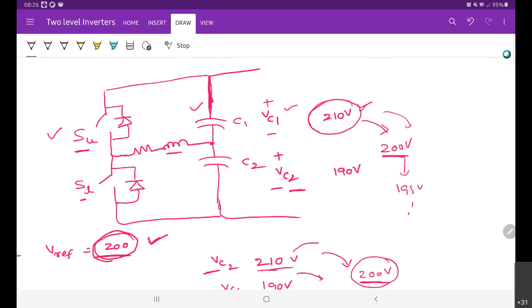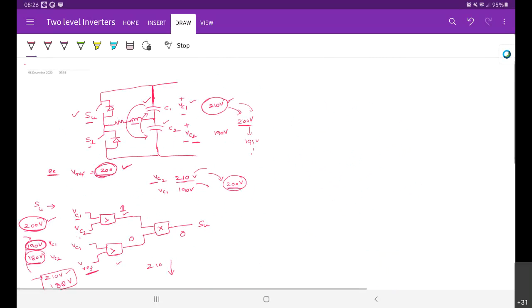So when the upper capacitor has excess, it feeds the bottom capacitor via this inductor. Similarly, when the bottom capacitor has excess charge, it feeds the upper capacitor via this inductor. By appropriately turning on the upper and lower switch, we can obtain the balance. It's clear?